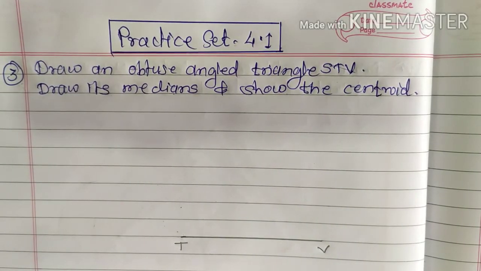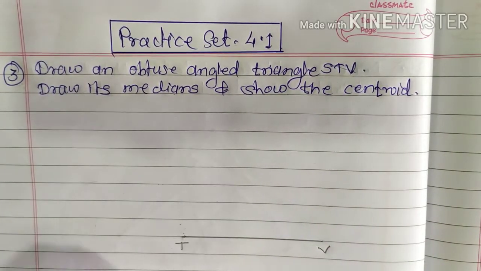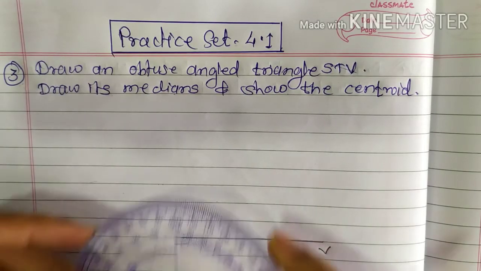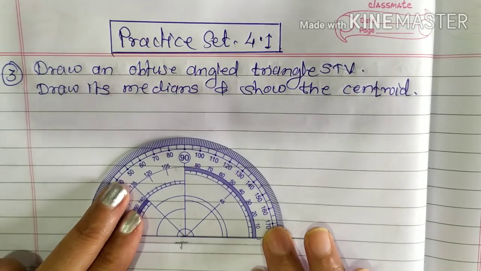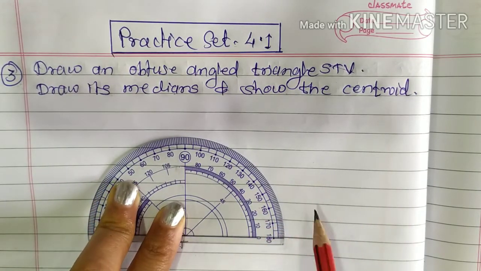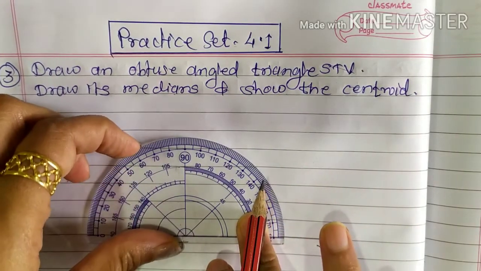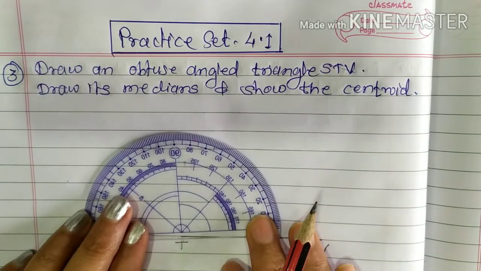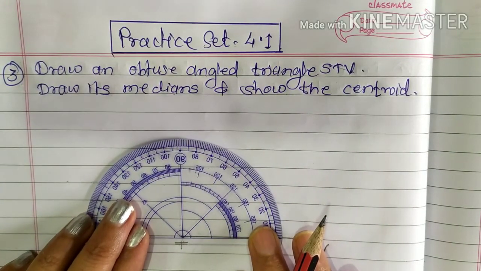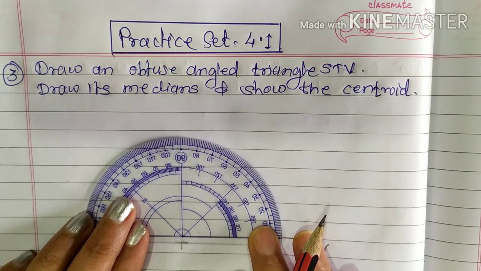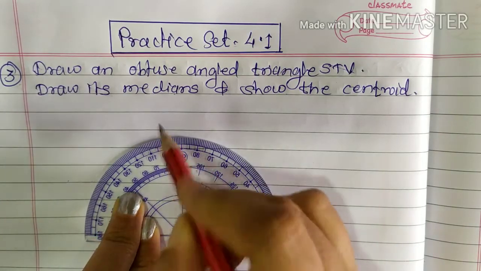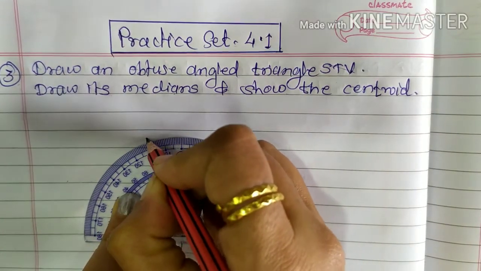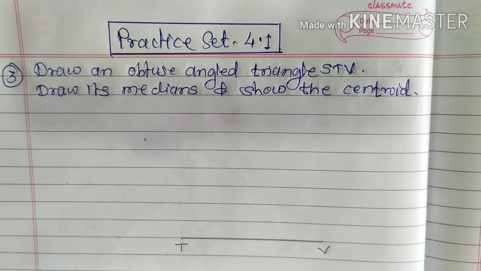Then, since this is an obtuse angle triangle, the angle is greater than 90 degrees, so you can take a measurement here, 110 degrees.